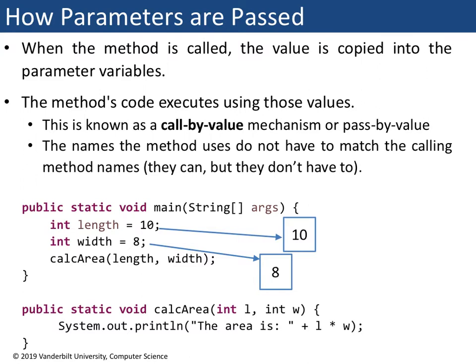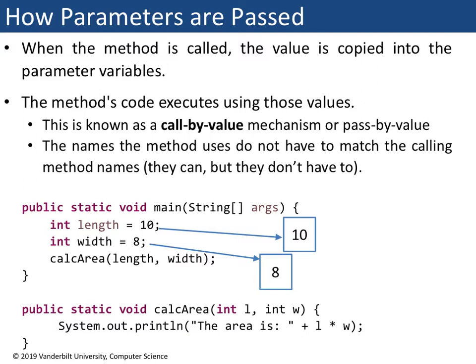This idea where each parameter is supplied an expression is important because each expression will evaluate to a value, and this value is what will actually be given to the parameter. So the parameter will take on the value of whatever expression we supply when we call the method. So let's look at this in a concrete example.